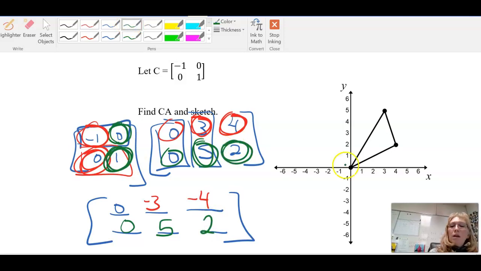Let's graph these. 0, 0, negative 3, 5, negative 4, 2. What did this guy do? If you look, he actually flipped over, or he mirrored over the y-axis. Kind of neat again, right?